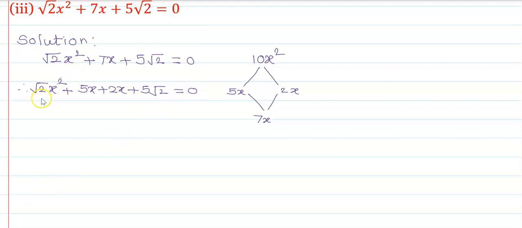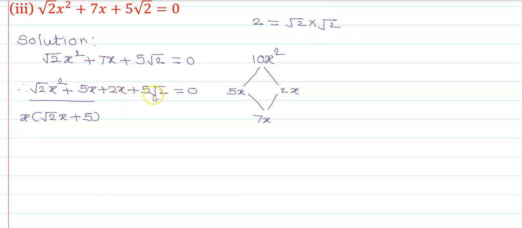Now the common term from these two, we can take only x as common. Therefore, x in bracket root 2x plus 5. And from here, this 2 can be written as root 2 into root 2.